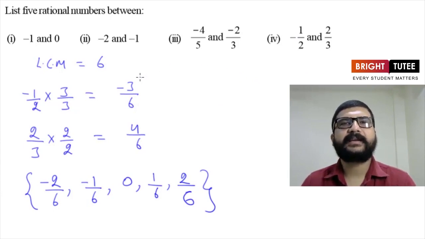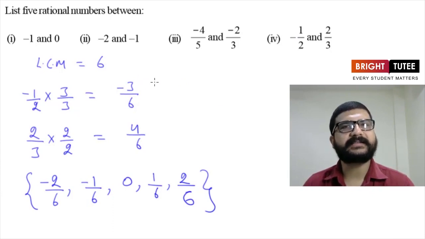So while finding rational numbers between any two given rational numbers, we have to check their denominators. If denominators are same, we just have to make a gap between numerators. If denominators are not same, then first we have to make their denominators same, and then we have to make a gap between numerators if it is not there. In this case, there was enough gap between minus 3 and 4, so we were able to write numbers directly.